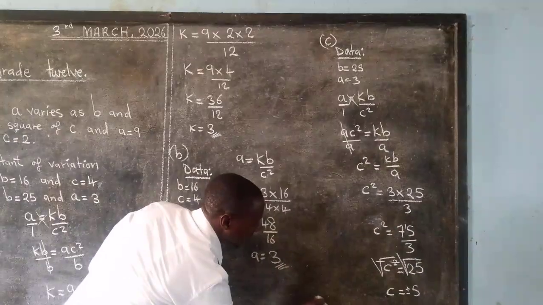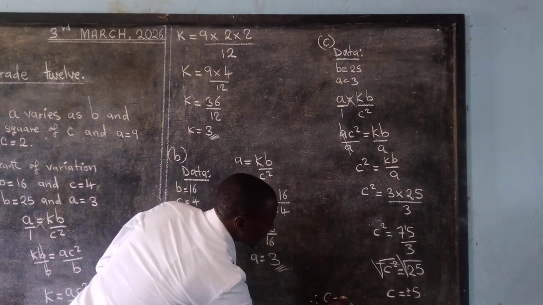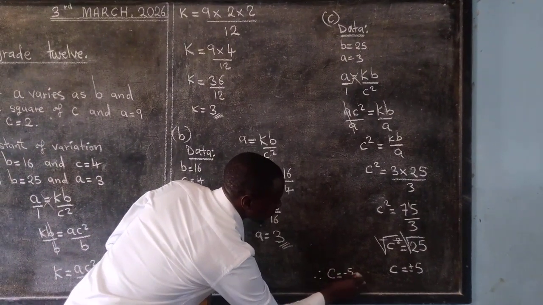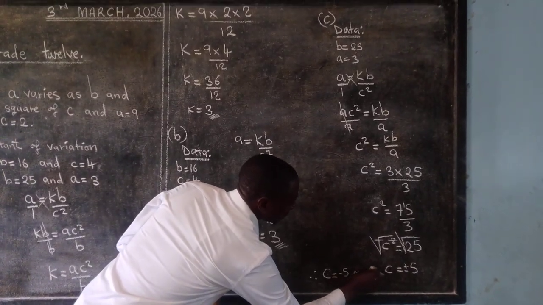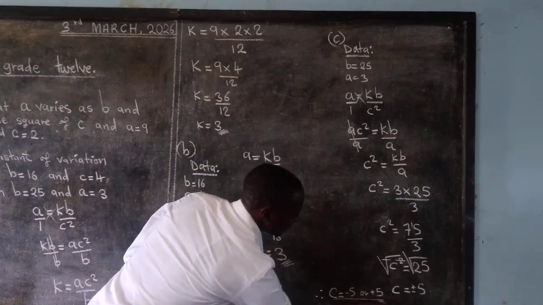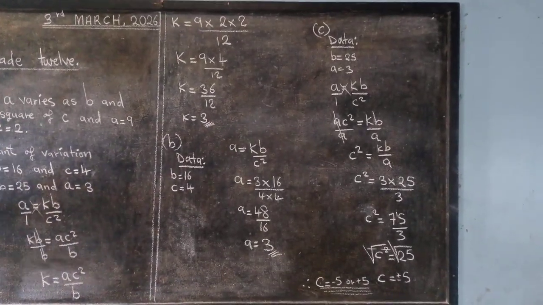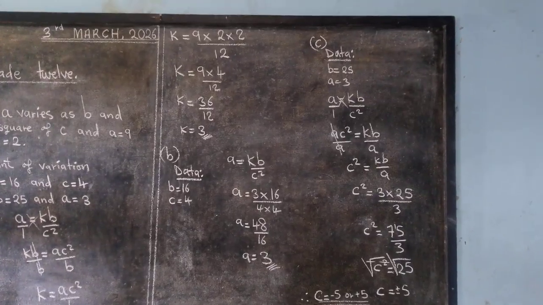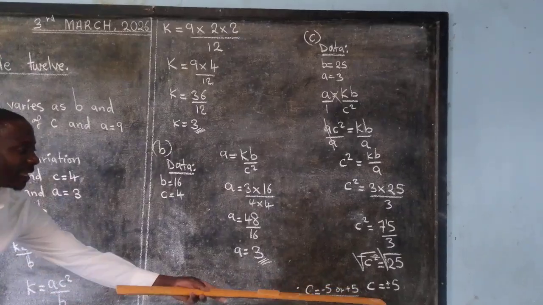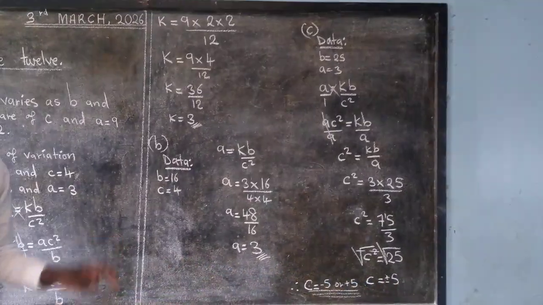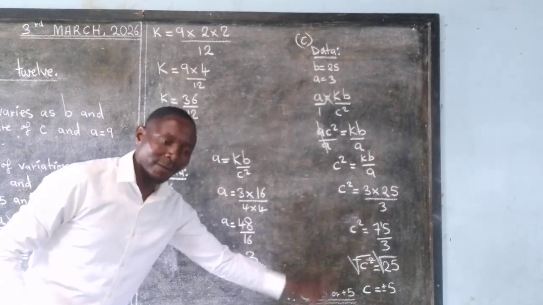Therefore, C is equal to negative 5 or positive 5. This is what they meant when they said, find the values. Values means you are looking for 2 answers, negative 5 and then positive 5.